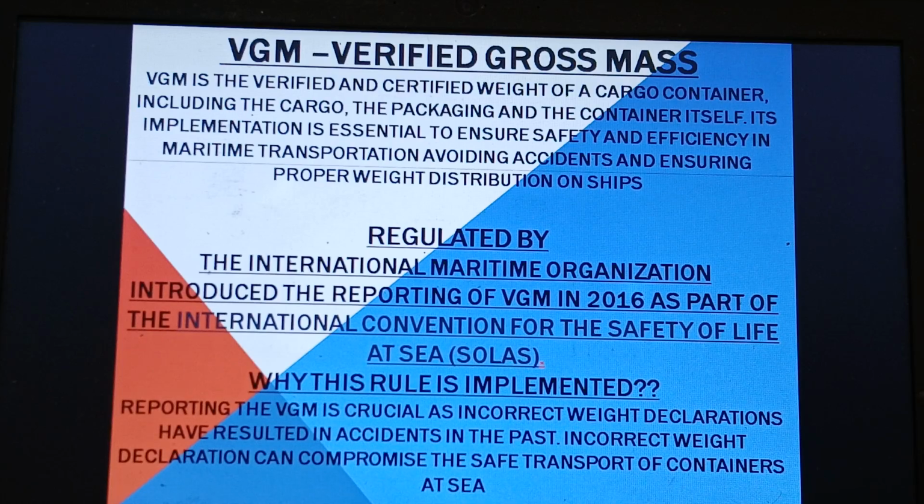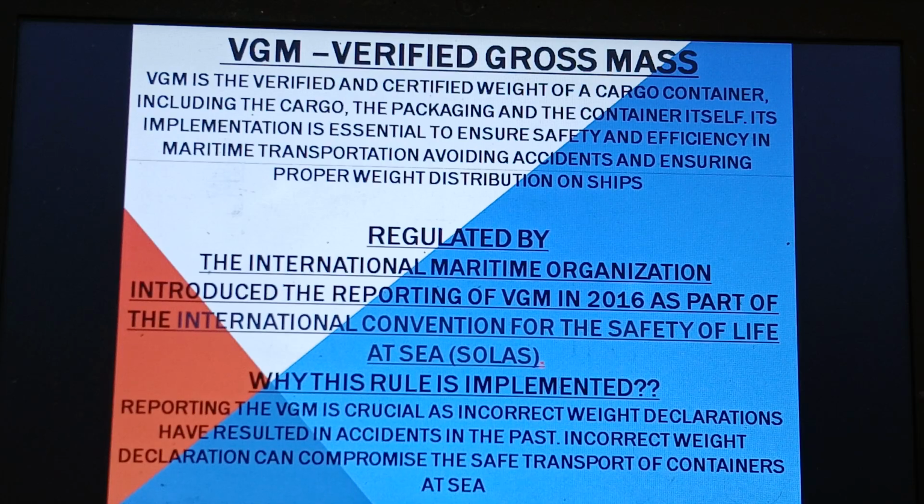This is also an interview question. Someone can ask what is the VGM and who is the regulatory body. The International Maritime Organization introduced the reporting of the VGM in 2016 as part of the International Convention for the Safety of Life at Sea, that means SOLAS.